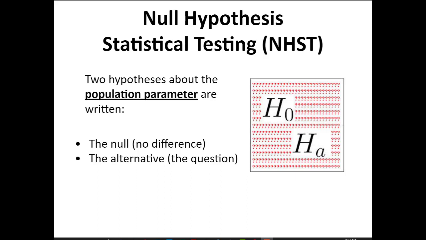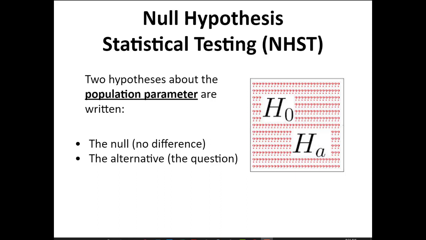It starts with two hypotheses, and they're always about the population parameter. You will have one hypothesis that is called the null, which explains the situation if there were no difference, and there is another one called the alternate hypothesis, which addresses the question.